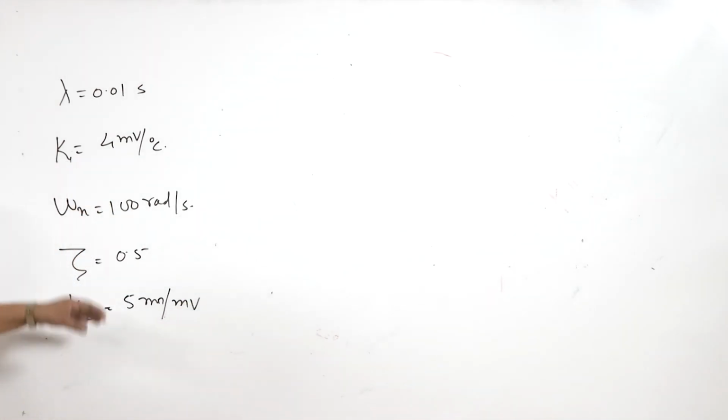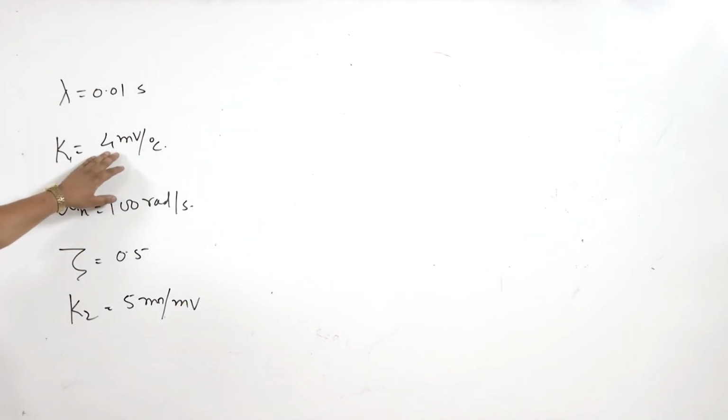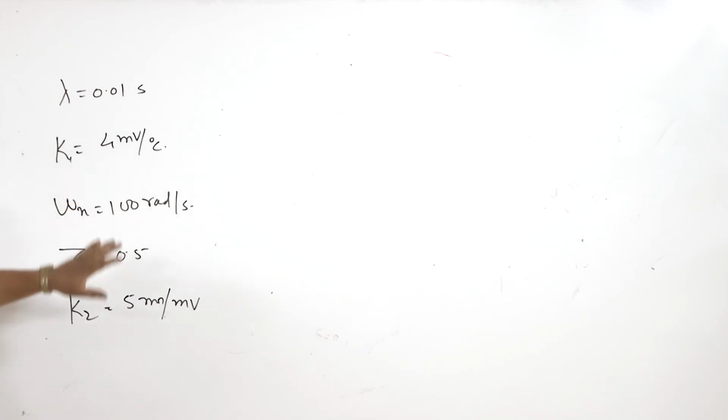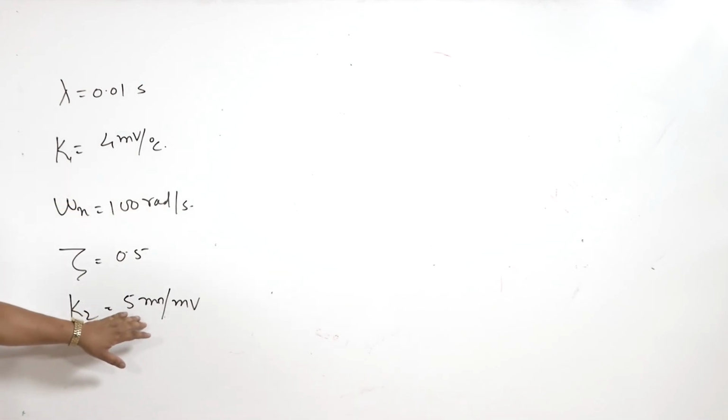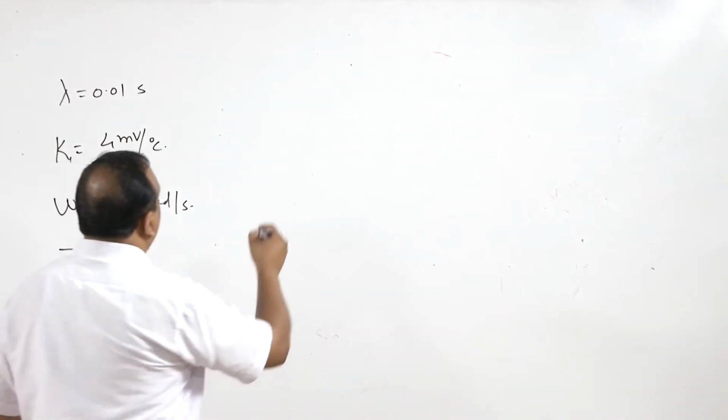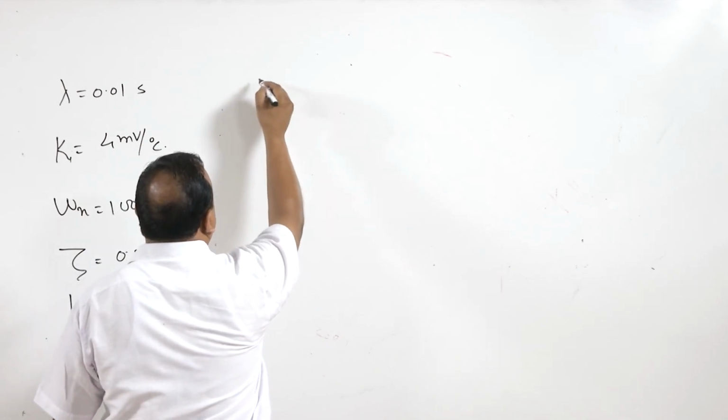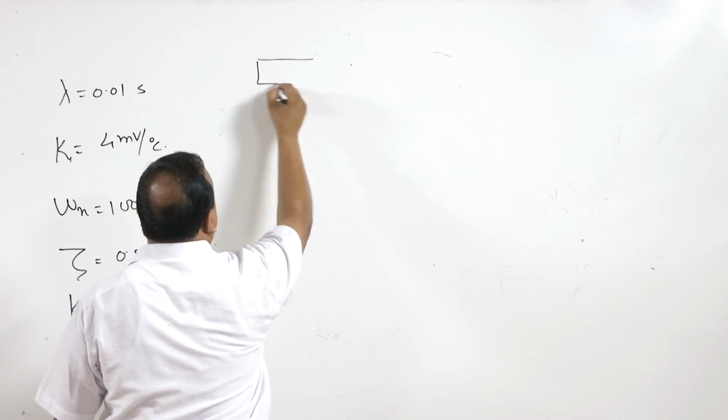This is K1. So the second instrument takes input from here, where the output is in millivolts. These millivolts go to this instrument and we get output in displacement, that is 5 mm per millivolt. So both instruments are coupled. Now for the frequency response of both instruments, let us draw a block diagram.